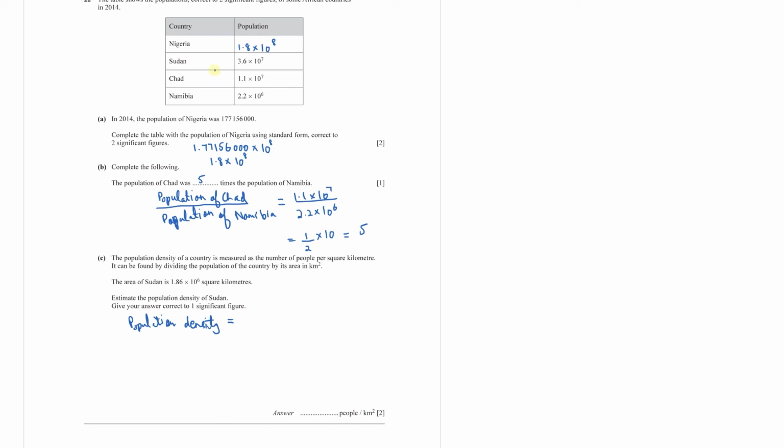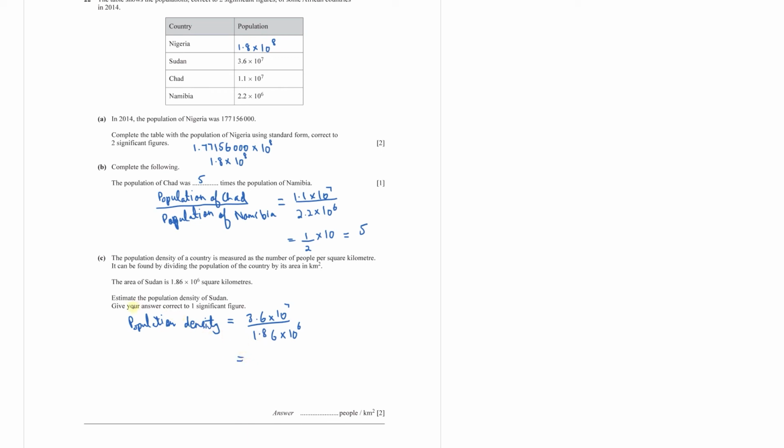So for Sudan, we have this population, 3.6 times 10 to the power 7, divided by the area, which is 1.86 times 10 to the power 6.